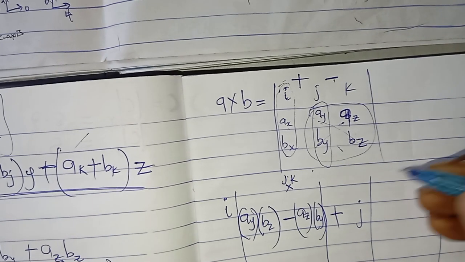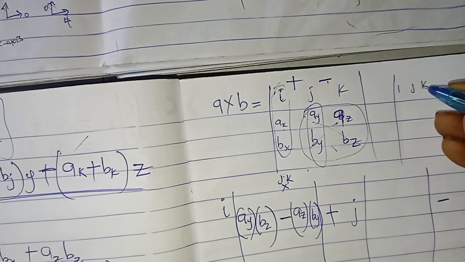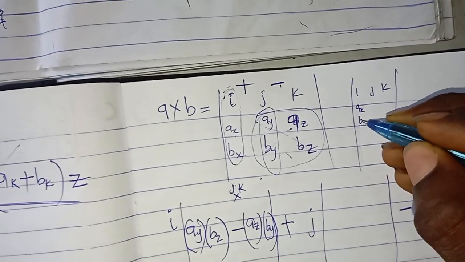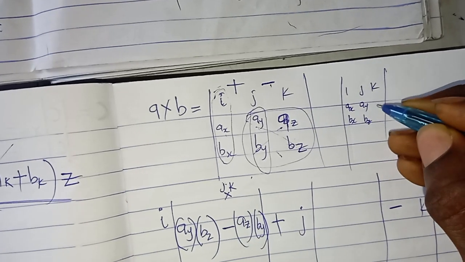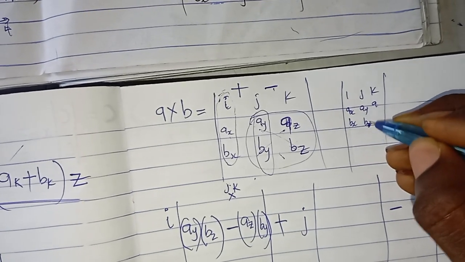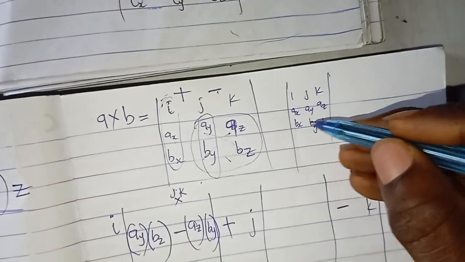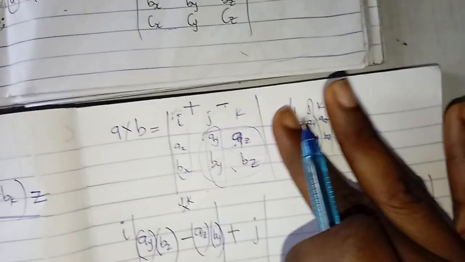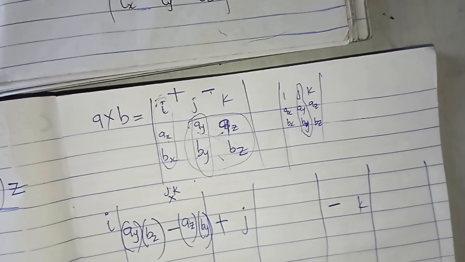Then when I'm doing for J, let's rewrite this: I, J, K, AX, BX, AY, BY, AZ, BZ. So when I'm doing for J, I will overlook this. Remember, it's cross product. I cross it, then go to the next ones and cross.